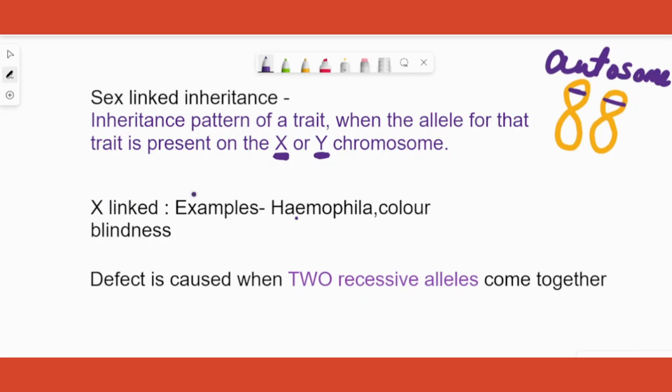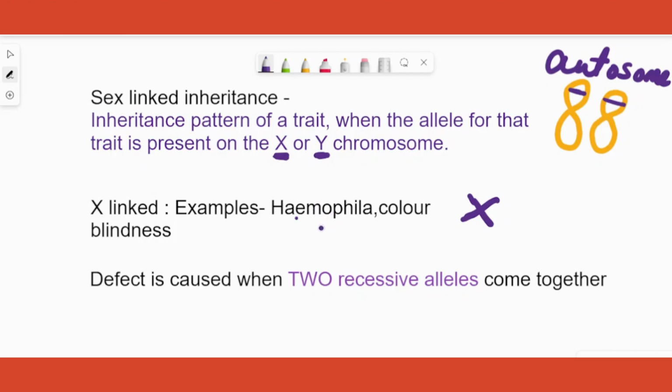Now, when we talk about X-linked, what does it indicate? It indicates that the gene under study and the alleles under study are found on the X chromosome, right? There are two disorders that happen because of certain genes present on the X chromosome. In your textbook the examples are hemophilia and colorblindness. You all know what hemophilia and colorblindness are, isn't it?